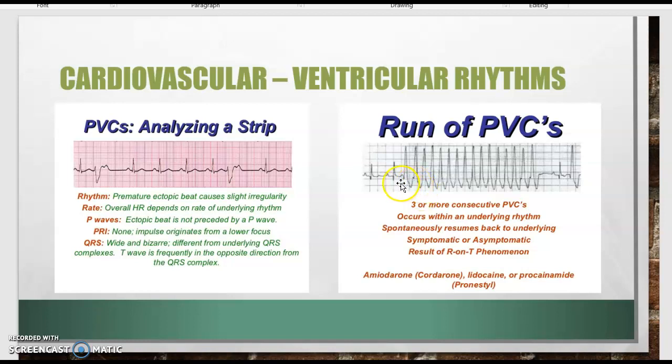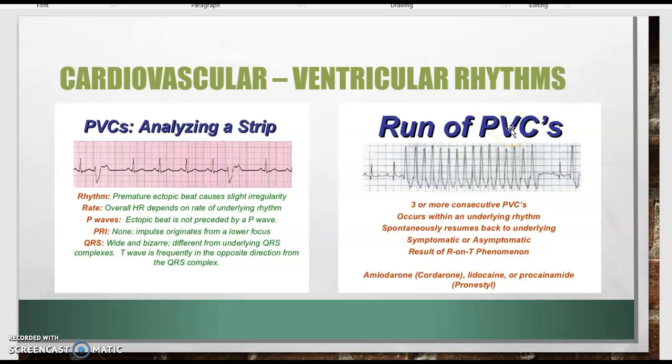When your PVCs come consistently, one after the other, then this kind of turns into V-tach. If our patient would not have returned back to a normal beat here, then this would sustain, and this is V-tach, okay? And that is a big problem.